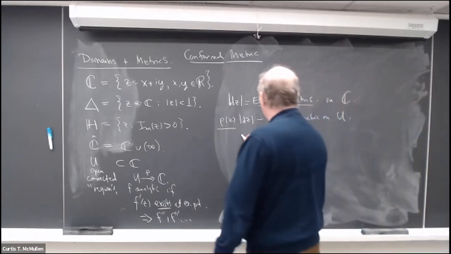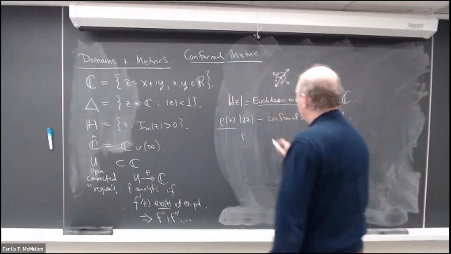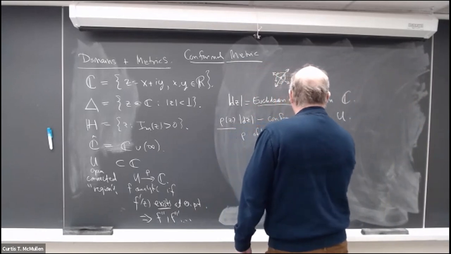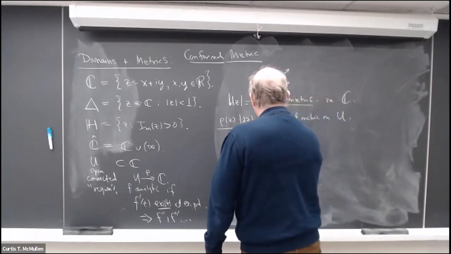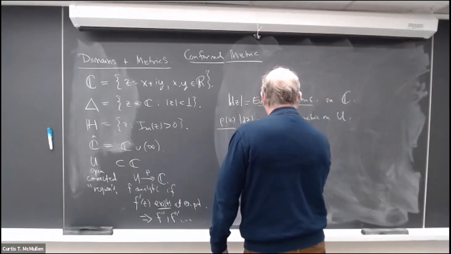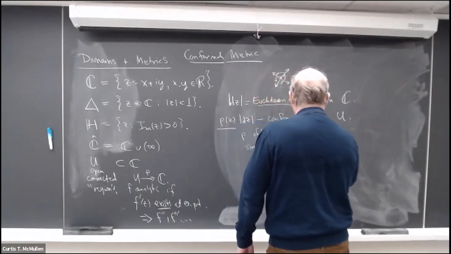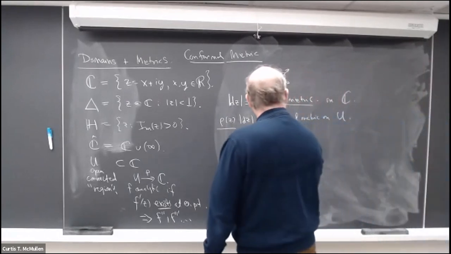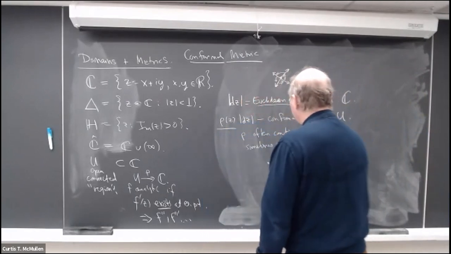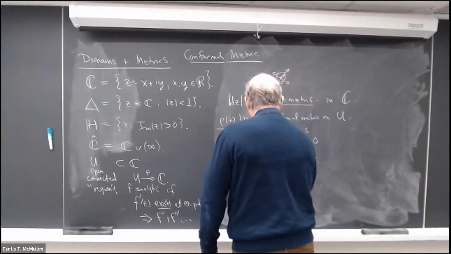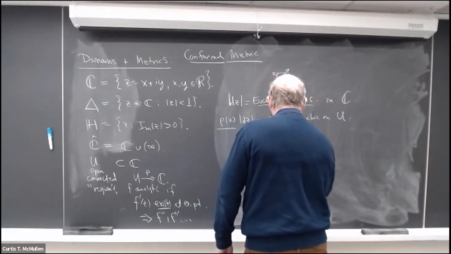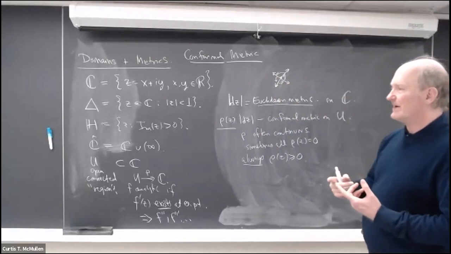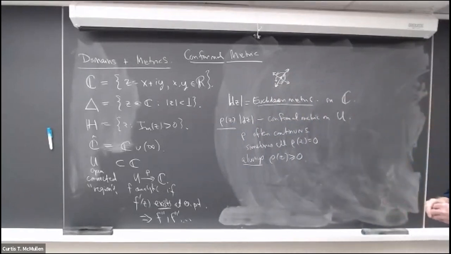And this function rho, we will often require to be continuous, but will sometimes allow rho of z to be equal to 0 at some points. We'll consider sort of singular metrics. But we always will require that rho of z is greater than or equal to 0. So a metric assigns a non-negative number to any vector.